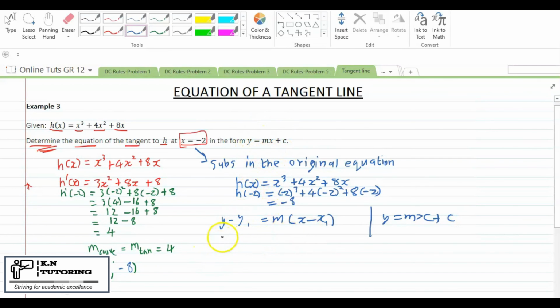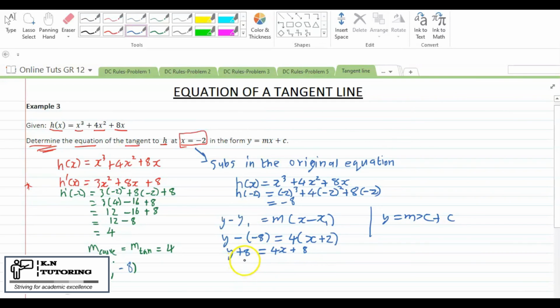I only have y1, which is minus 8, and my gradient is 4. Minus minus 2 is positive 2. So this will be y plus 8 is equal to 4 into x plus 2, which gives 4x plus 8.